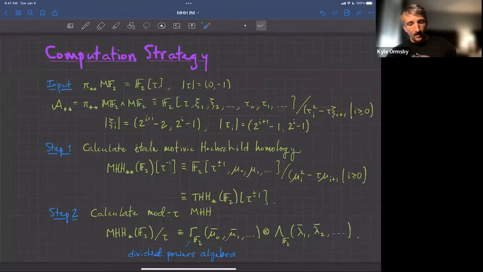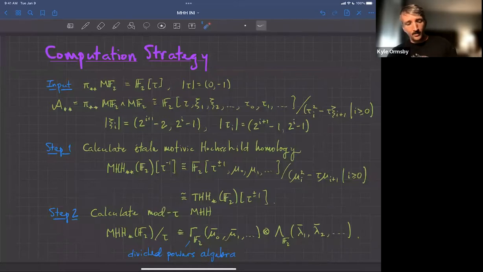And then we'll use what's become a relatively common computation strategy. We'll try to look at the tau inverted and the mod tau pieces separately. So when we do tau inverted, recent work of Tom Bachmann and Paul Arne Østvær, and I might be omitting a collaborator, which I apologize for, identifies that with étale motivic theory, so where you do the étale localization instead of Nisnevich localization.